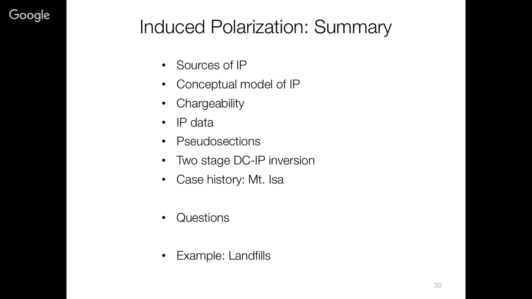But there are cases where chargeabilities can be very high, in which case it is actually important to either do it all at once to try to find a complex conductivity that solves everything, or to somehow iterate back and forth. So I think that's a problem that is still an active research area.